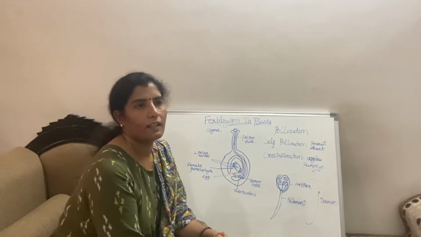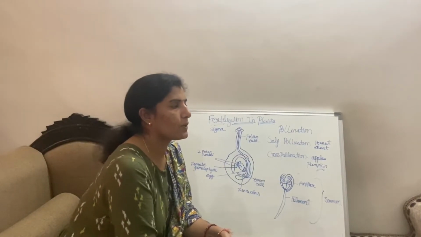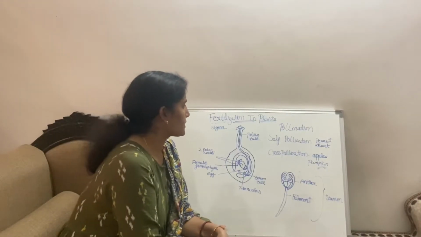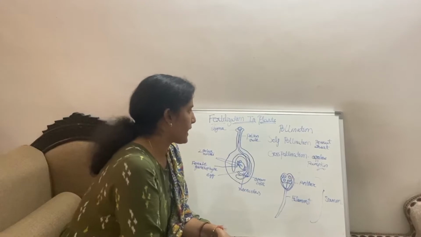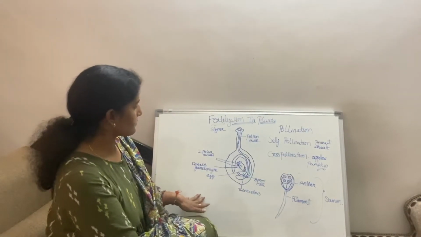Endosperm is mainly seen in angiosperm plants, and angiosperm plants also have double fertilization. So all this is the main process of fertilization in plants.